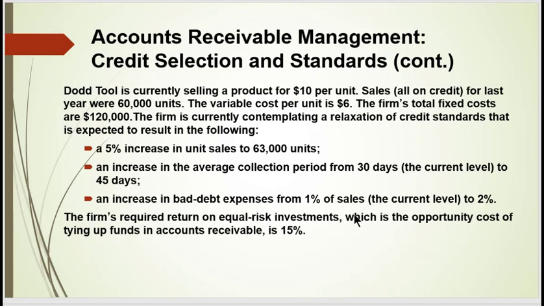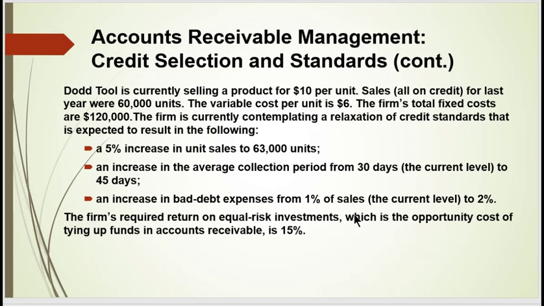There also will be an increase in the average collection period from 30 days to 45 days, and an increase in bad debt expenses from 1% of sales to 2%. The company has an opportunity cost for accounts receivable investments of 15%.